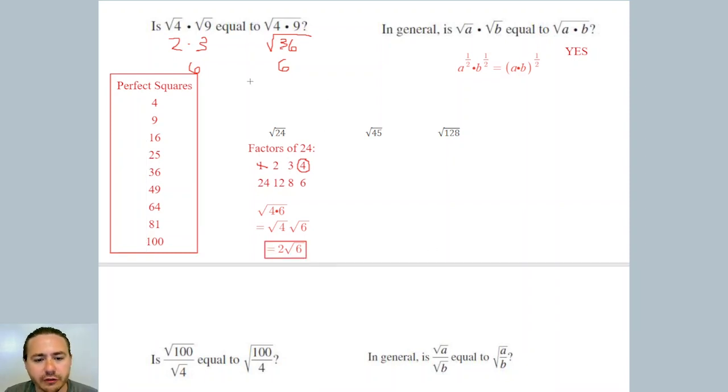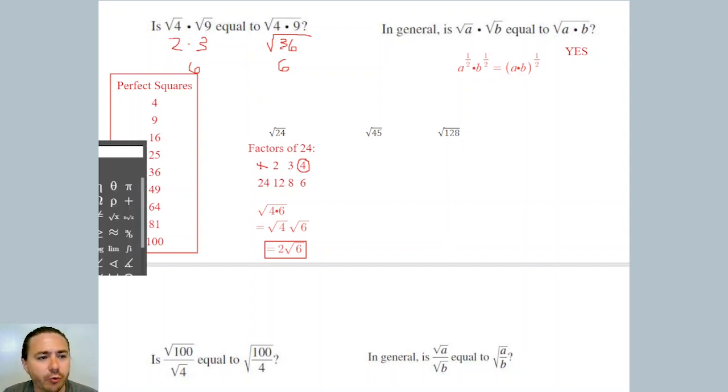So let's do these next few. Okay, the square root of 45. I'm not going to list all the factors here. Instead of trying to figure out all the factors, just go through this list and say, are any of these factors of 45? So let's see, 4, no. 9 is a factor. What's 9 times 5? So that would have to be the biggest one.